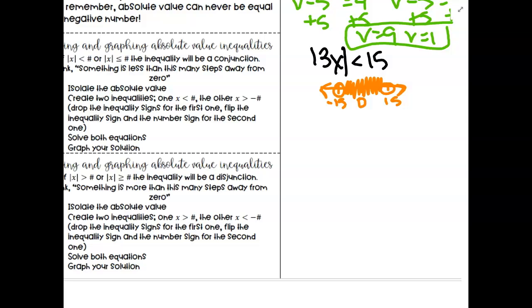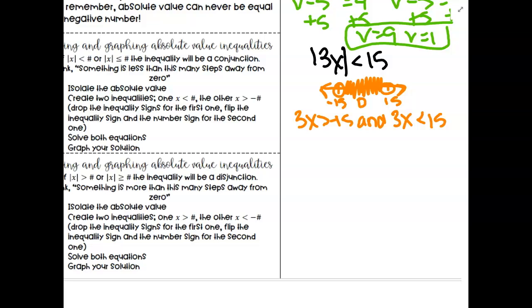So we have to create an inequality to show that 3x could be any number greater than -15. Notice it's shaded in the middle, so it's going to be an and. 3x could be any number less than a +15.